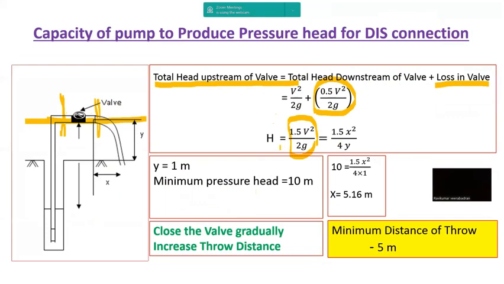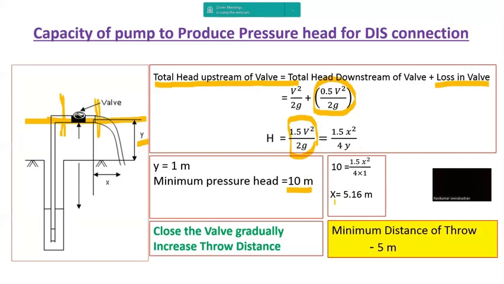We will take H to be 10 meters. So we want 10 meters to be developed at this place, and Y to be 1 meter. The height of the pipe from the ground is 1 meter. In that case, if we substitute, we will get X to be 5.16 meters.